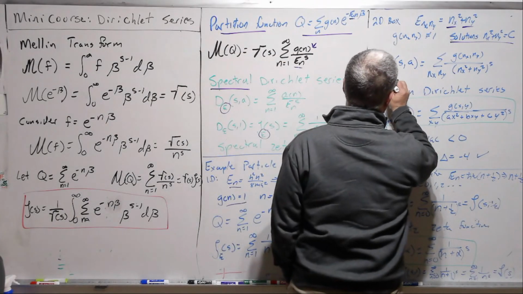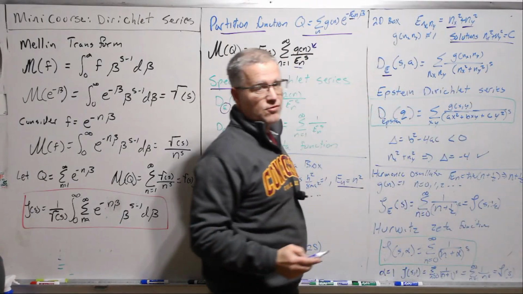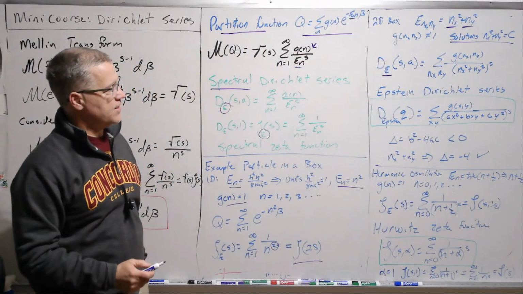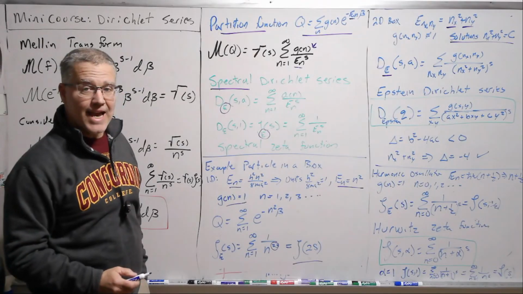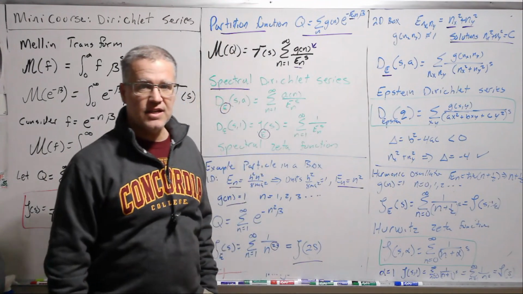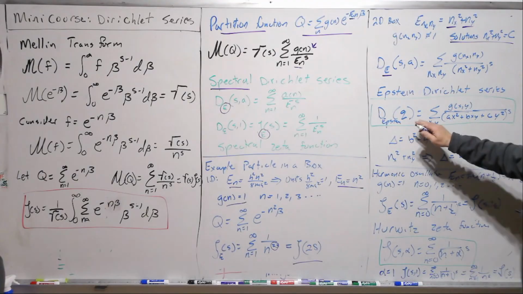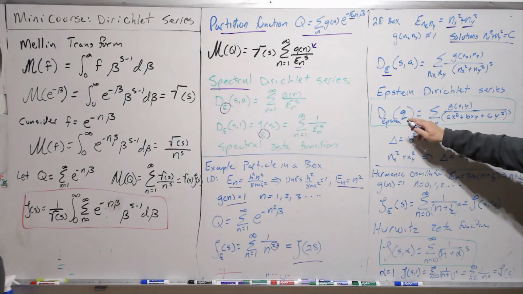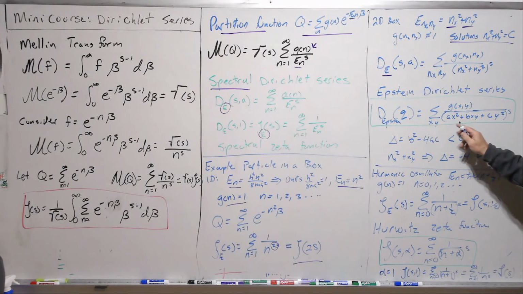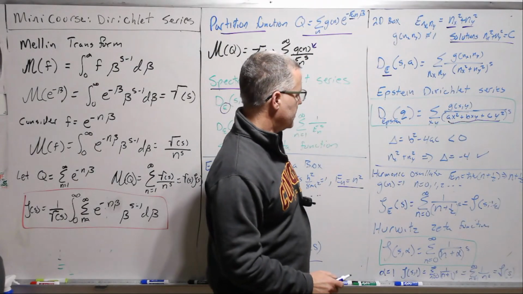We can write the Dirichlet series like this now, and we have a sum over both quantum numbers. That's being indicated there. And this is called the Epstein Dirichlet series. So you see another generalization of the Dirichlet series appearing in this problem. The general form of the Epstein Dirichlet series depends on this quadratic form, Q. And so in its most general form, it's ax squared plus bxy plus c y squared.